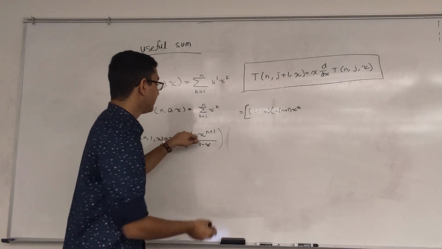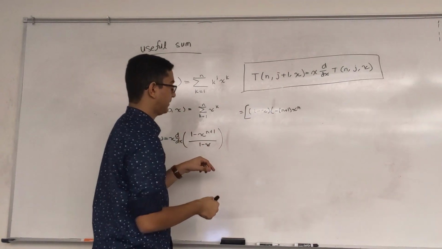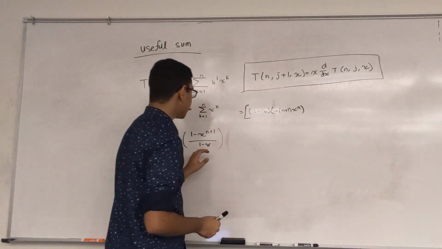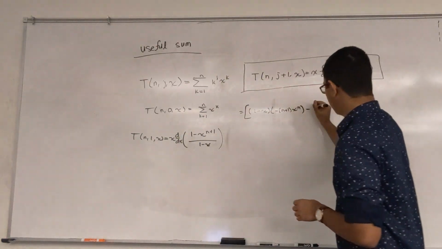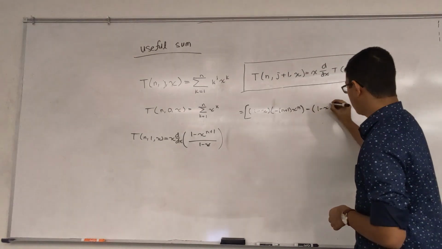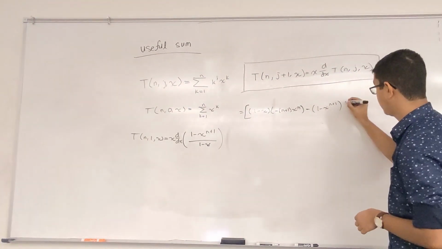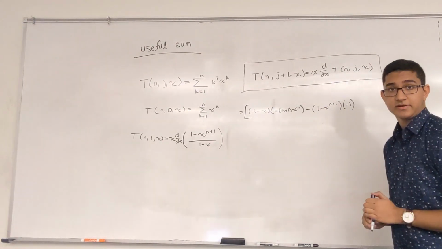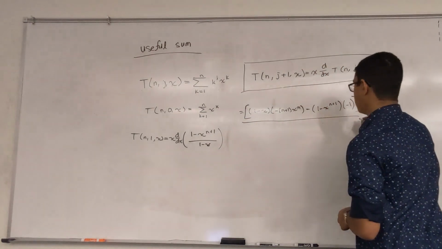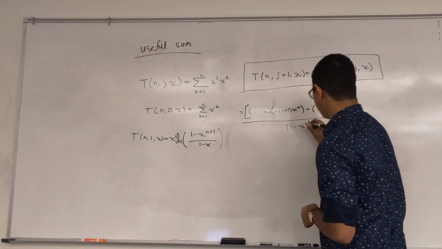We take the power down, which is n plus 1, and then we subtract 1 from the power, which gives x to the n. Okay? And then we subtract the numerator times the derivative of the denominator, which is -1, like that. And then we divide all of that by 1 minus x squared.